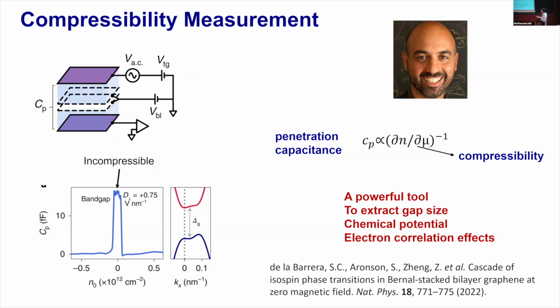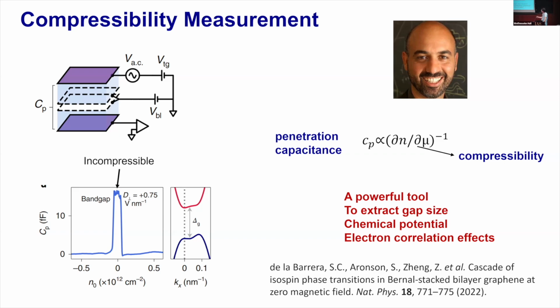Imagine the middle is a perfect insulator. Then it will not screen the electric field penetrating through, so the charges in the bottom layer respond to the gate voltage modulation in the top layer, and you'll measure a big penetration capacitance.